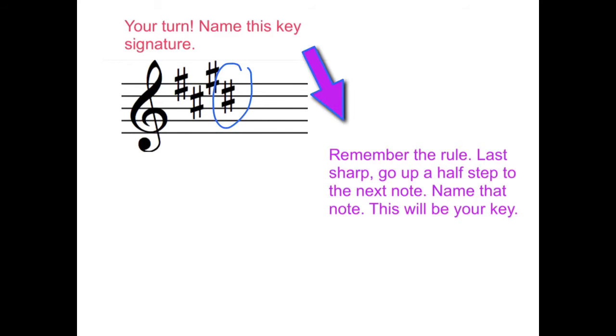This will be your key. So if you don't know what that note is, take some time to think about what this note is. What line is this sharp? What line does this sharp fall on?